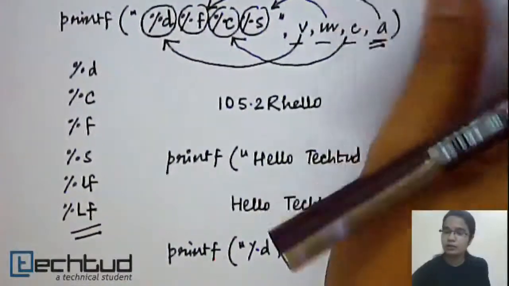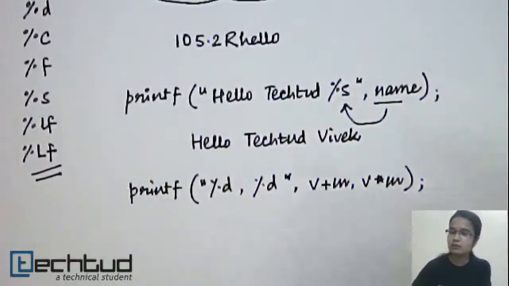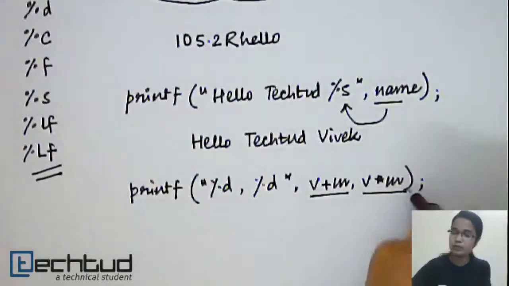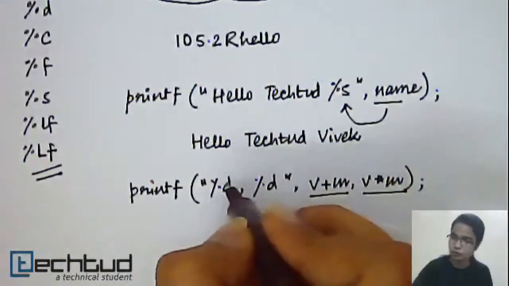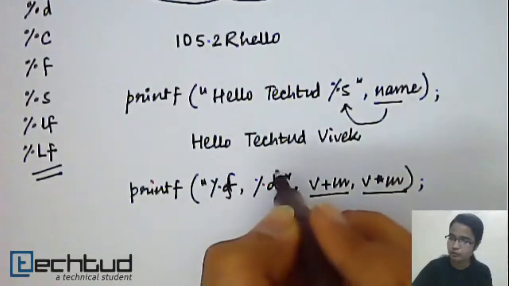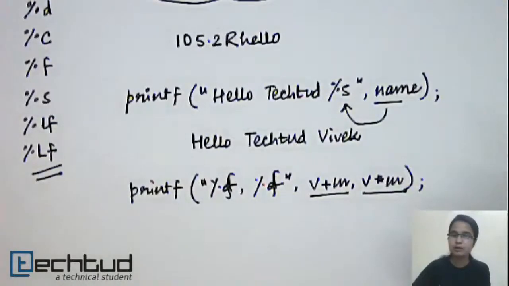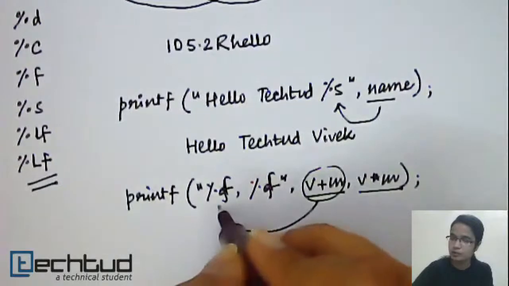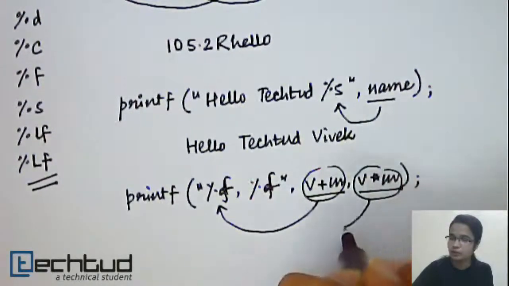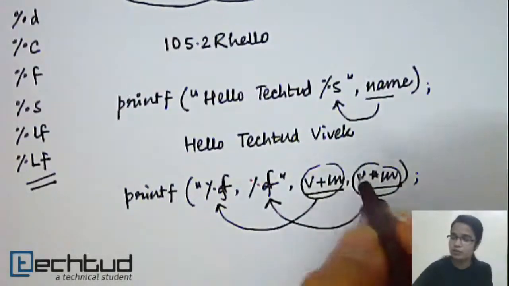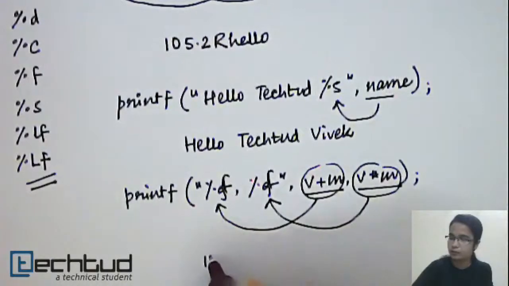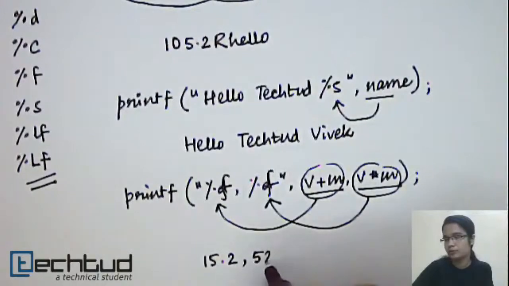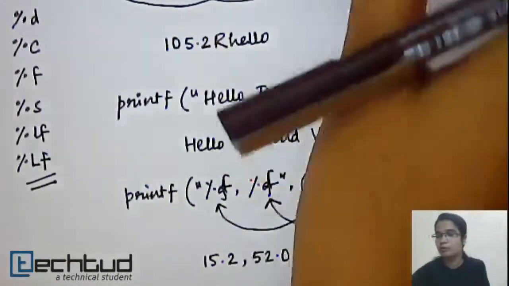We cannot write %d, because m is float, so the calculated value of b plus m or b multiplied by m will be float, so you have to write %f. Understood? This value of b plus m will be printed first and then this value will be printed next. So it will be 15.2, comma 52.0.